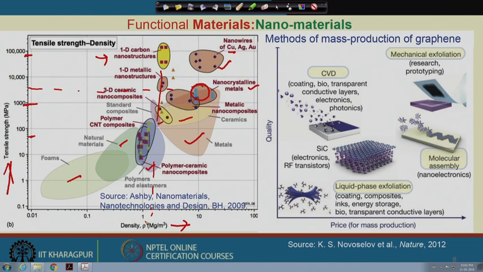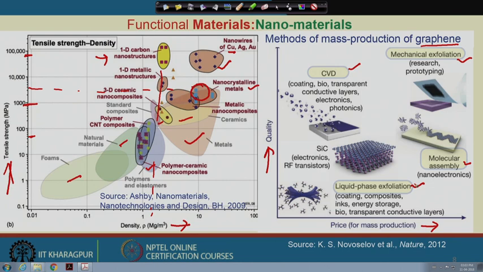On the other hand, there is some mass production of these kinds of carbon nanostructures, often known as, let us say, graphene. Here the price of production and quantity is important. So, I would like to show you this plot with different processes like chemical vapor deposition, or exfoliation processes like mechanical exfoliation, or molecular assembly, or liquid phase exfoliation.